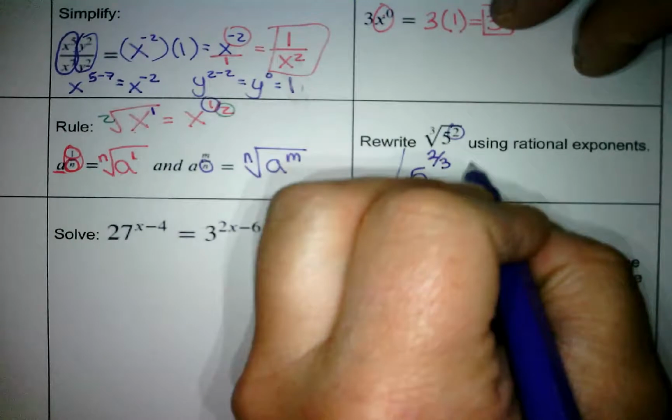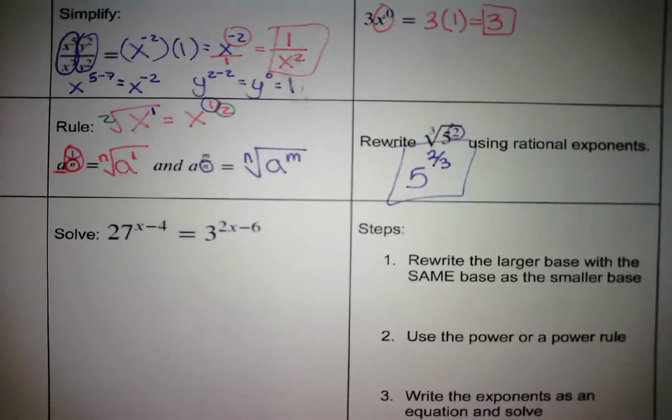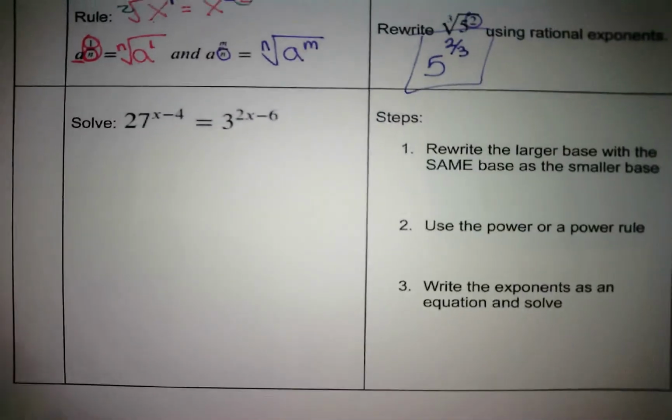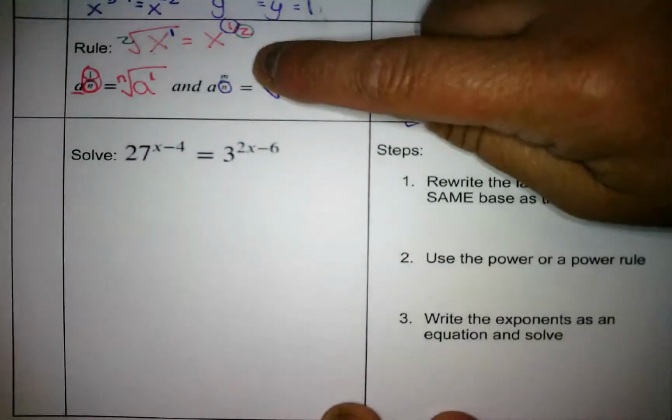Now we're going to work on solving some problems using exponents. This is something you guys have not ever seen before, especially this part that we just talked about and this one. So let's talk about the steps.